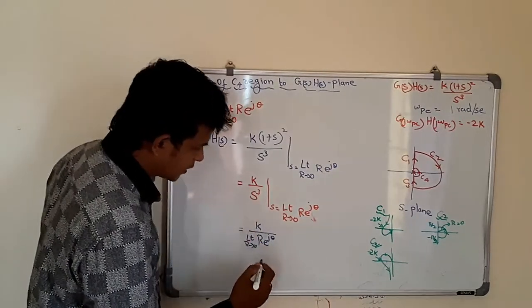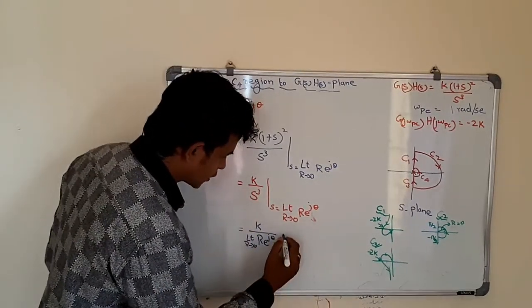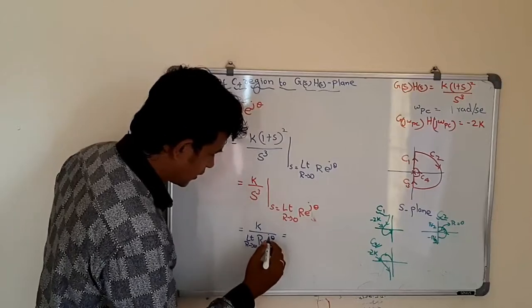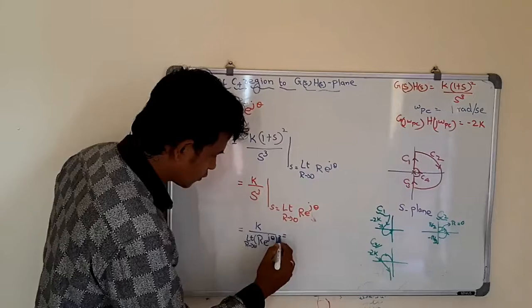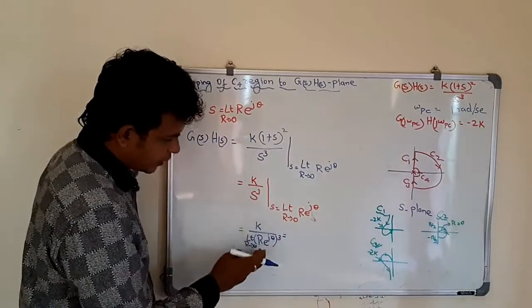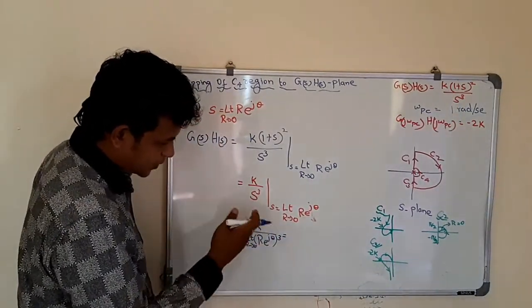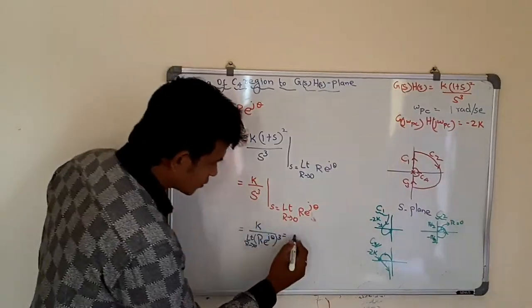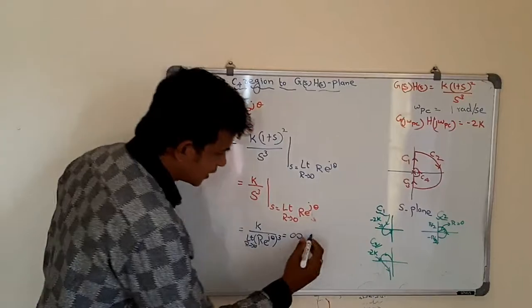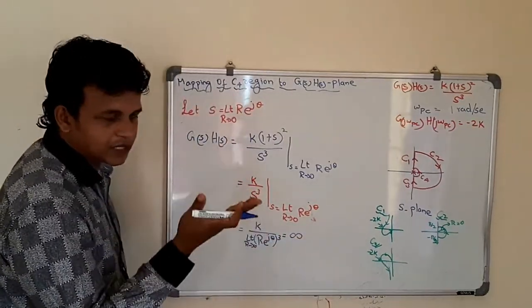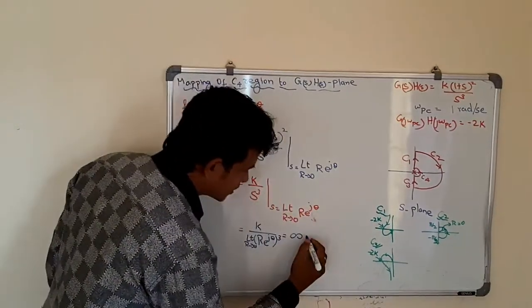I forgot one more thing, this is s cube, so here the whole power is 3. So k divided by 0 cube is k divided by 0, so that is infinity. So I have got the radius as infinity, and e power j theta can be written as e power j 3 theta, and when I bring e power j 3 theta to the numerator, it becomes e power minus j 3 theta.